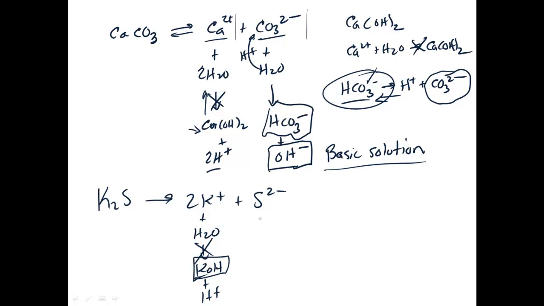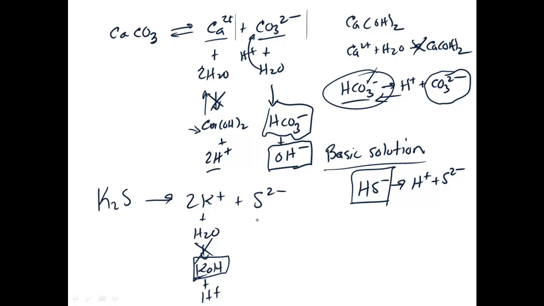The sulfide ion, though, let's think about what the acid would look like. It would look like this, HS negative, right? And then we would get the hydrogen ion plus the sulfide ion. So think about this acid. Is this acid a strong acid or a weak acid? Well, it's not one of the 6 strong ones, so this is a weak acid.